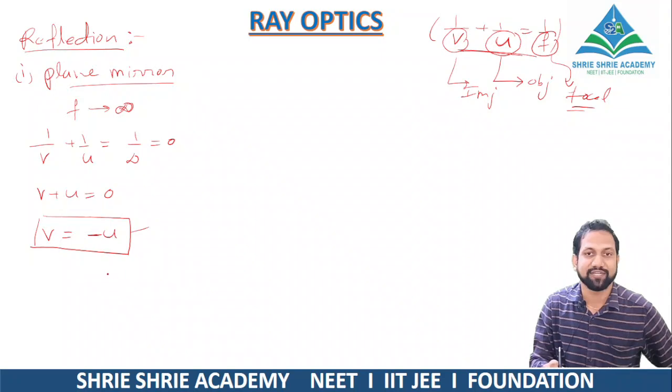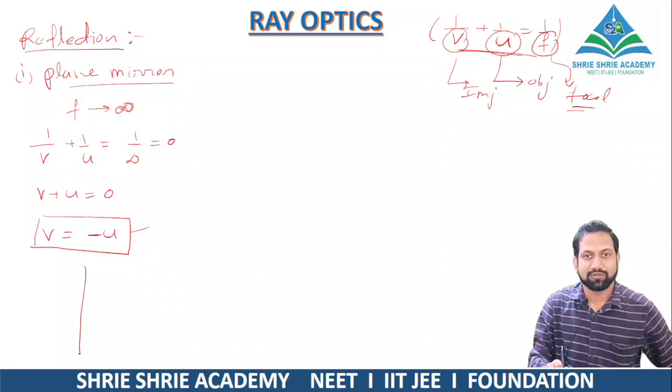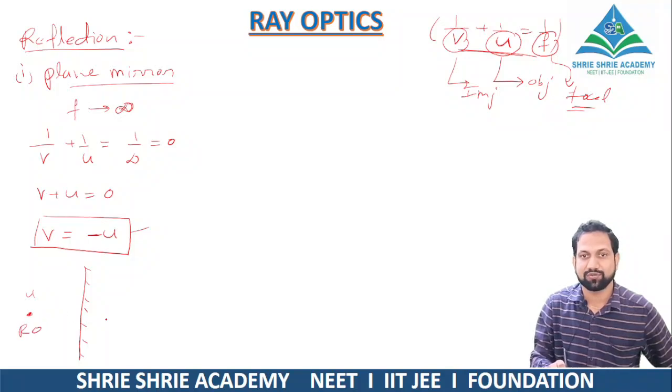Okay, so for example, if you consider this is a plane mirror, and object is placed over here, right? Then this is a real object I can consider. I'll tell you what is real object and what is virtual. Corresponding image will be here. Okay, this is image distance. Say this is virtual image. The distance from plane mirror to the object, this is u, right?